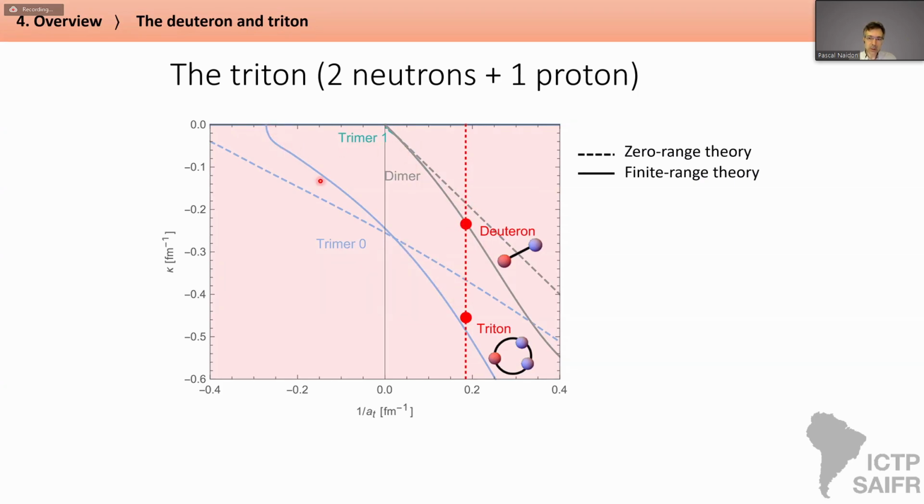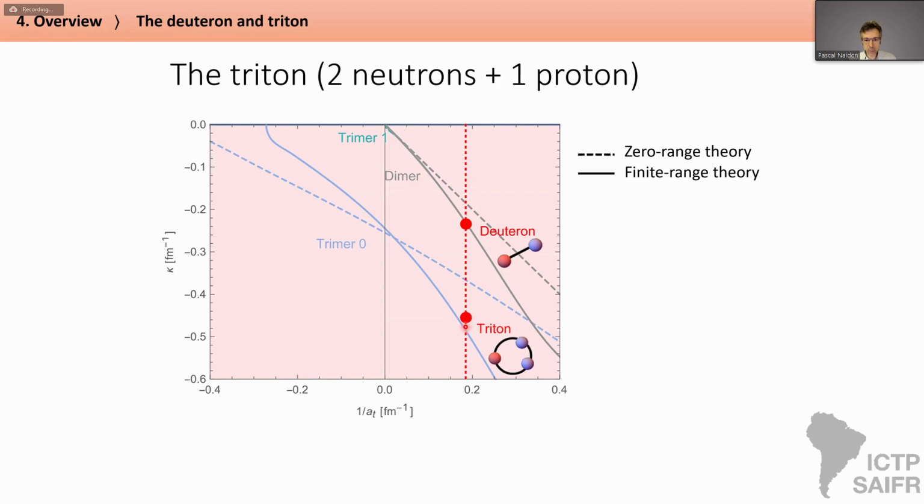And the solid curves here are the curves that one obtains when one uses finite range potentials, more precisely taking into account the effective range of these interactions. And then you get much better agreement for the deuteron, and you get also better agreement for the triton, although you can see that it's not perfect agreement.